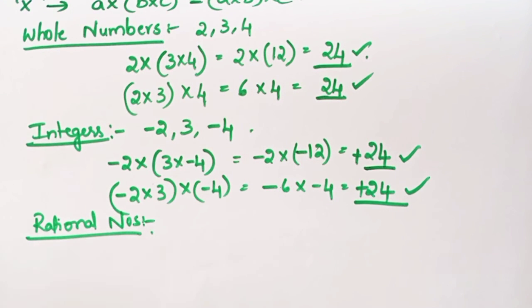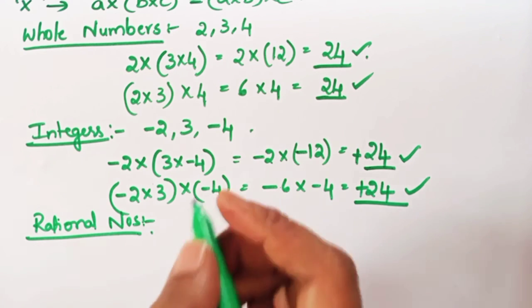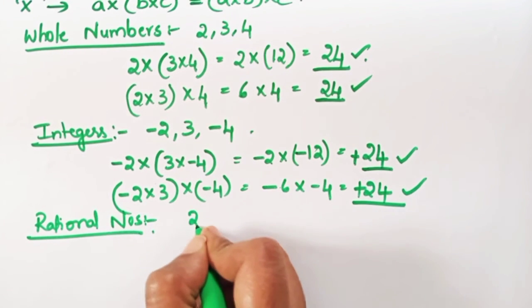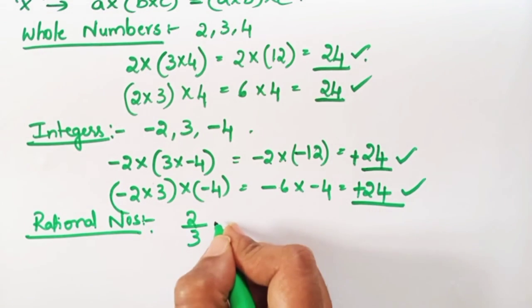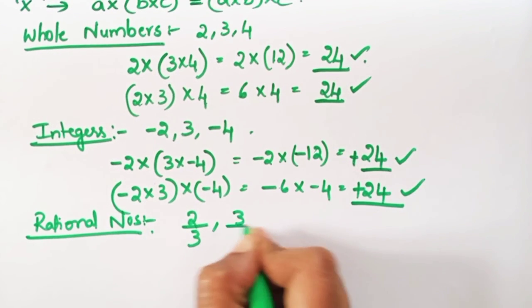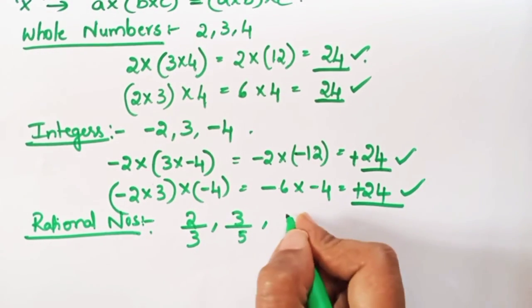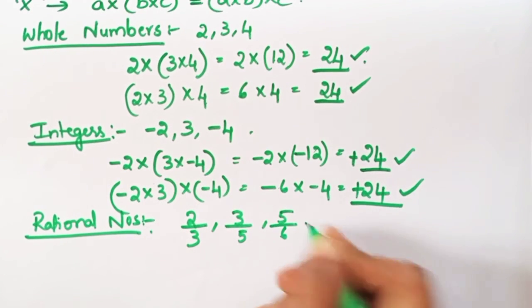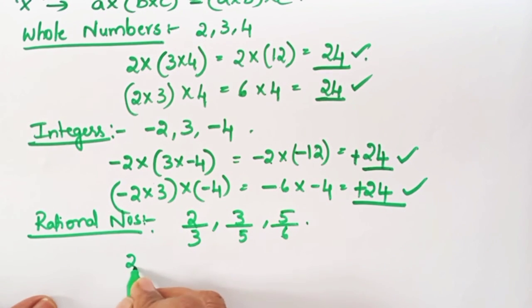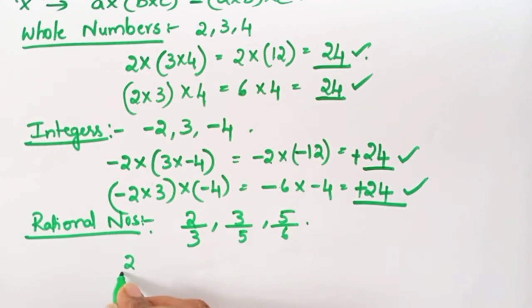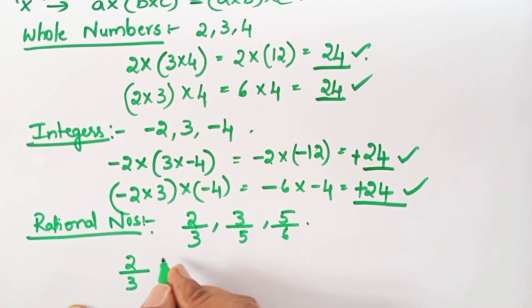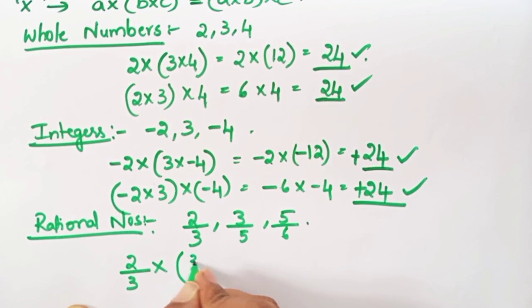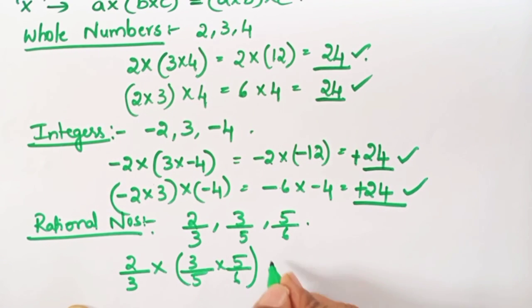Take any three rational numbers. Let us take the same old rational numbers. 2 by 3, 3 by 5 and 5 by 6. Now I need to check my first case, that is 2 by 3 into 3 by 5 into 5 by 6.